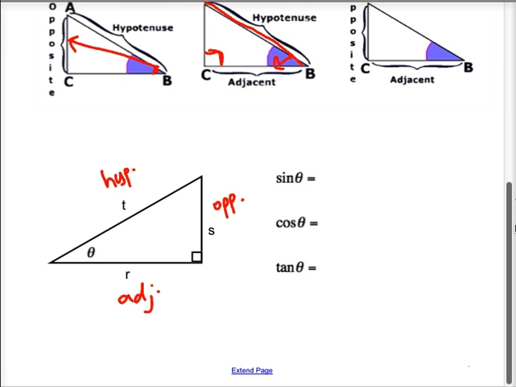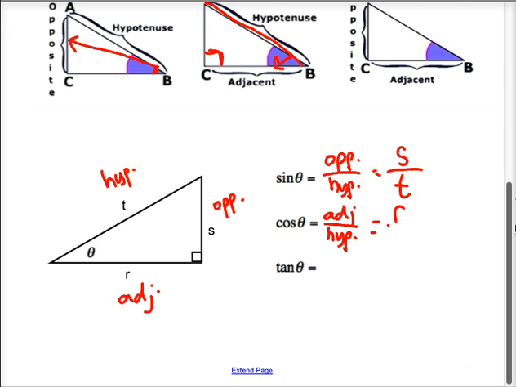So if I want the sine of theta, well, sine is opposite over hypotenuse. So sine is opposite, which is S, over hypotenuse, which is T. Cosine, CAH. So we're talking about adjacent over hypotenuse.